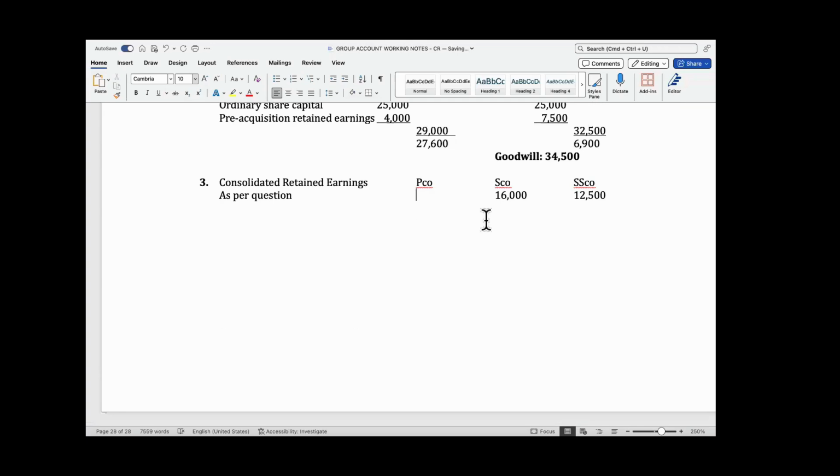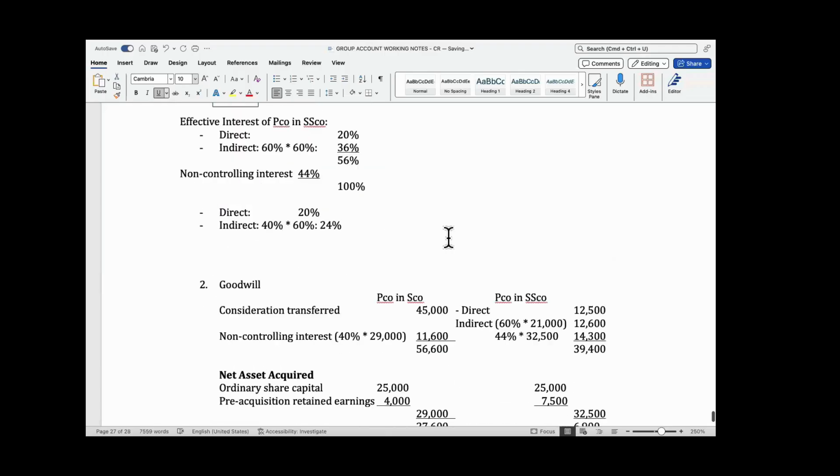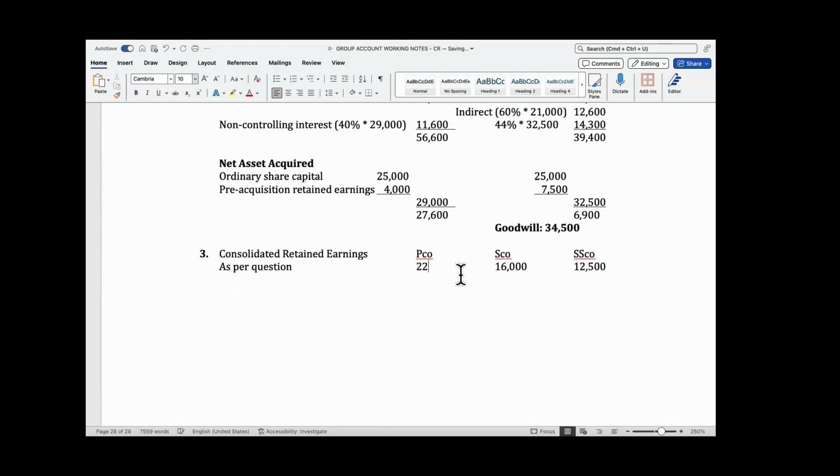What's PICO's retained earnings? Who noted it? 22,500. So you remove pre-acquisition retained earnings, which we computed up there. This 4,000 and this 75. So this will give me 12,000. This should give me 5,000.